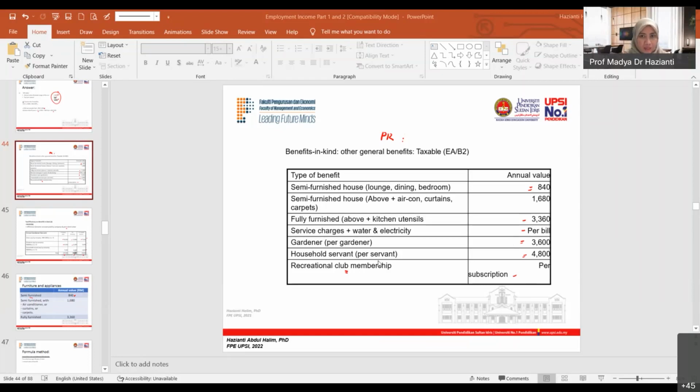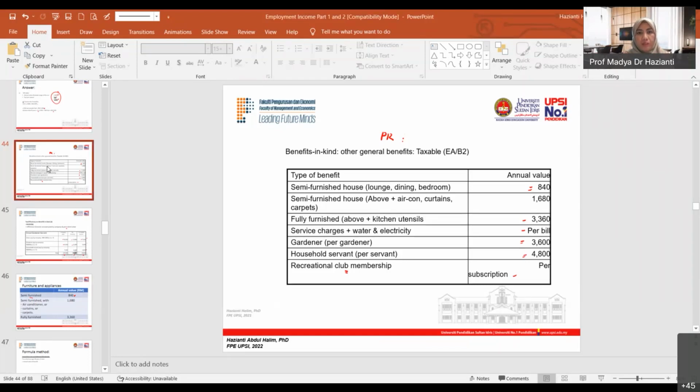Tadi dia ada servant kan? Dia ada gardener kan? Dia ada gardener ke tak ada? Tadi soalan lain. Alright, so for gardener macam ni lah. Seorang 3,600 setahun. Kalau dia dapat berapa bulan, kita bahagilah ikut bulan. So untuk soalan Faizul ni, benda-benda ni semua dia tak ada. Dia cuma ada driver je.